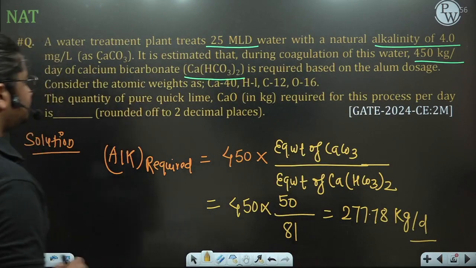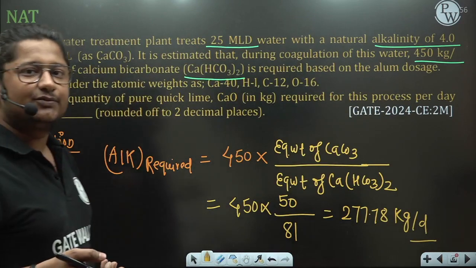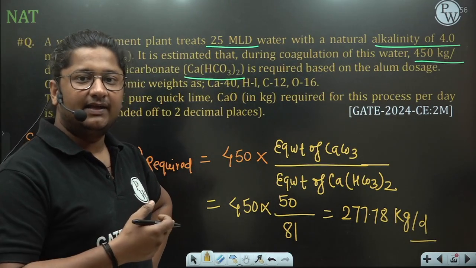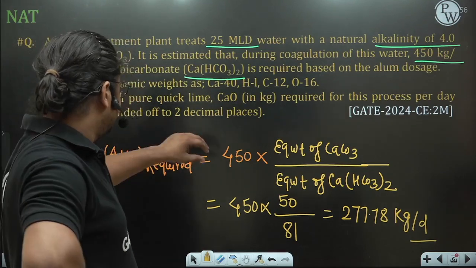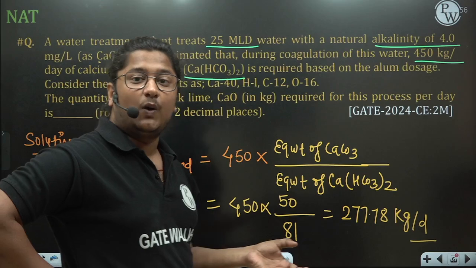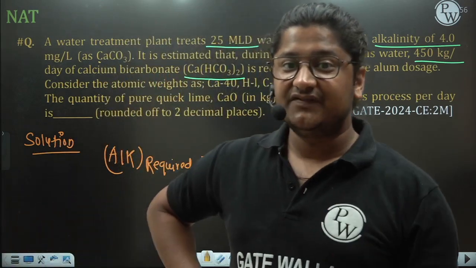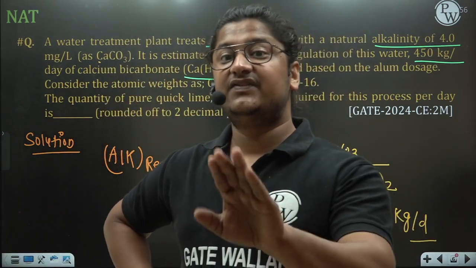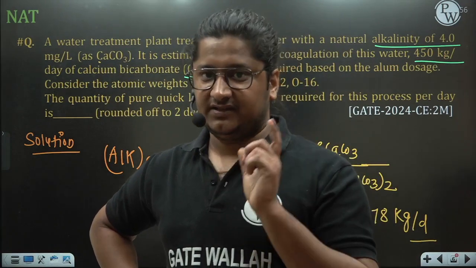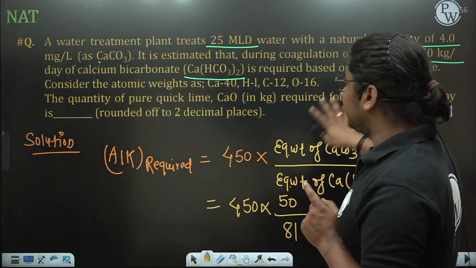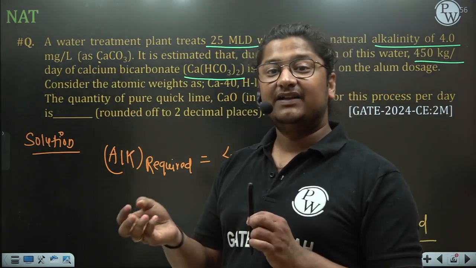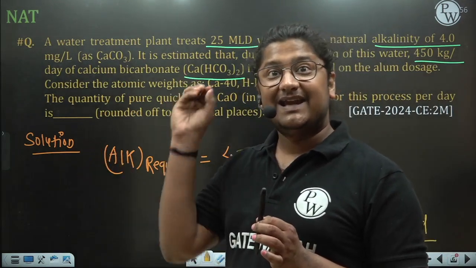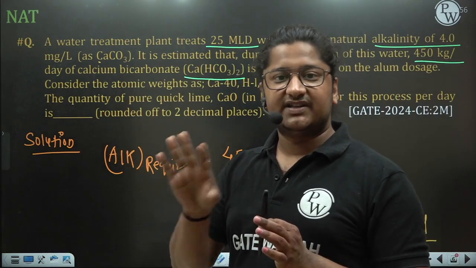One issue in this question, technically, because they have not directly mentioned whether this is the actual alkalinity required, or the alkalinity required minus alkalinity which is present. That means the 450 kg per day, is this the actual alkalinity required, or have they subtracted the natural alkalinity also which is already present in the water?